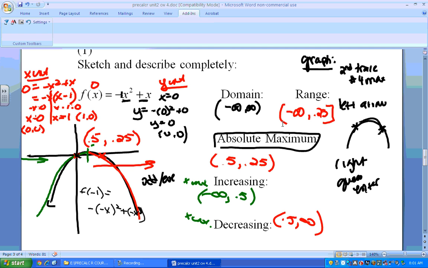This will still give us negative x squared, but this guy's going to say minus x. So we look to see, is it the same as the original? No, it's not even. If I factor out a negative 1, is it the same then as the original? No. So it's neither odd nor even.